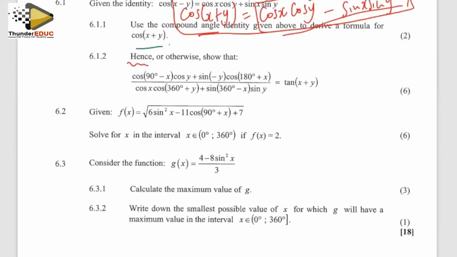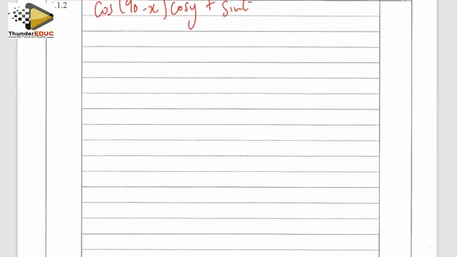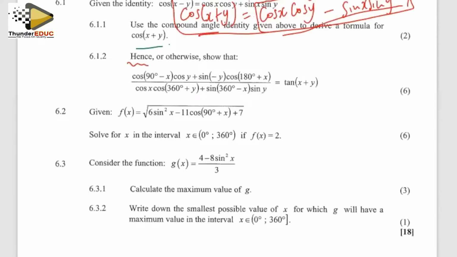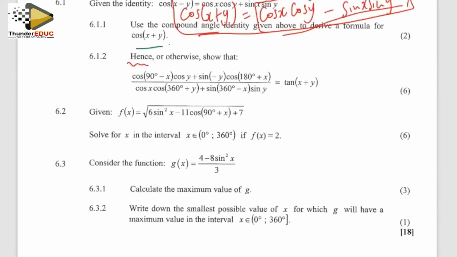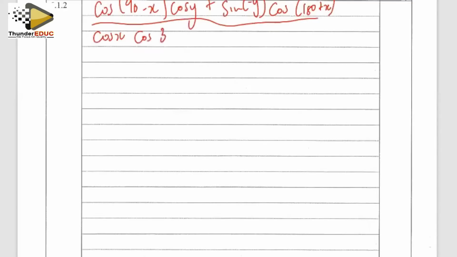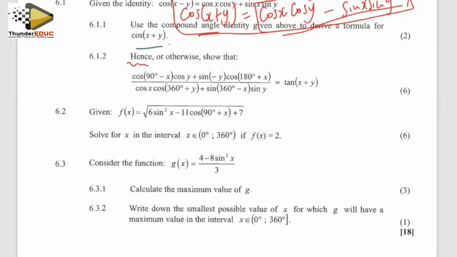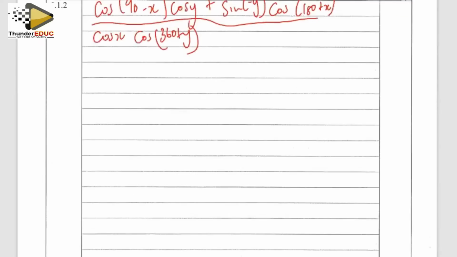We have the cos of 90 minus x, multiplied by the cos y, plus sine of negative y, times the cos of 180 plus x, over cos x, cos of 360 plus y, and then plus sine of 360 minus x, and then sine of y.